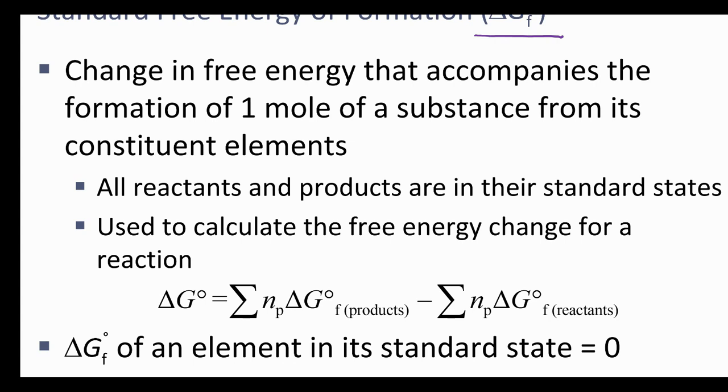Basically, the delta G's of formation are the changes in free energy that accompany the formation of 1 mole of a substance from its constituent elements. Any delta G of formation of an element is 0 because it's in its standard state already. So we can just use the tables from the back to go directly to delta G.